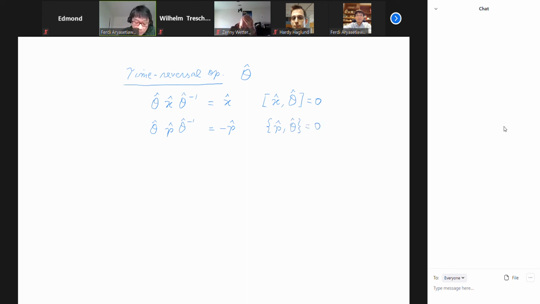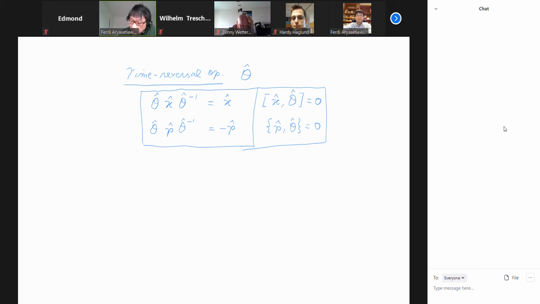These are the basic definitions of the time reversal operator. As you can see here, it may be more appropriate to call this operator theta a momentum reversal operator rather than time reversal, because we don't have time here, at least it does not appear explicitly.